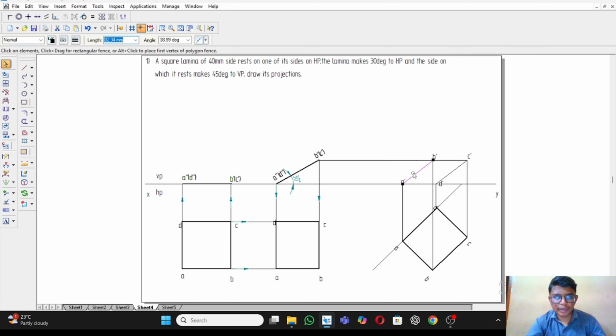And in this third projection also we have to take visible lines. Now this completes our first problem.